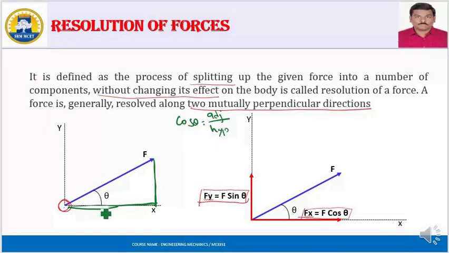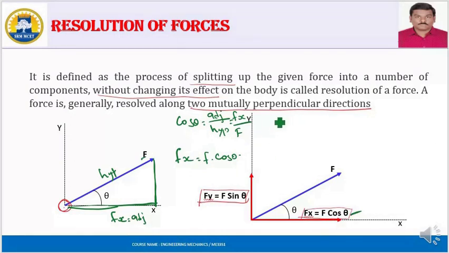Here the adjacent side is Fx and the hypotenuse is F. So Fx divided by F, and cross multiplying, Fx is equal to F cos theta. So here we derived the formula Fx equals F cos theta.